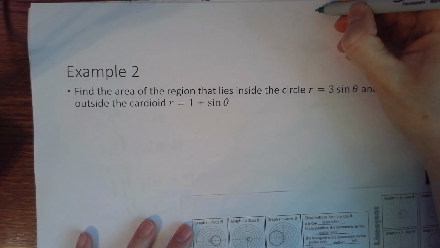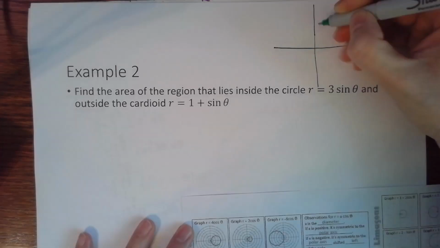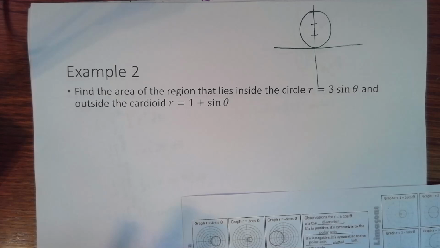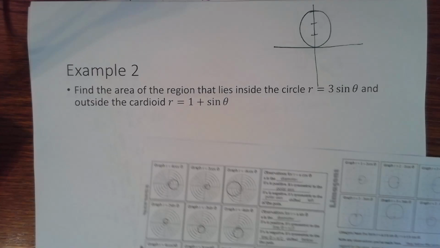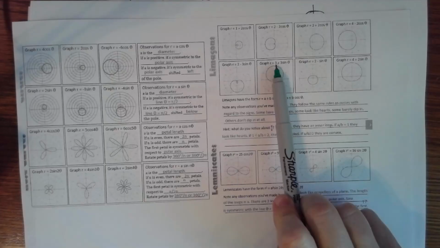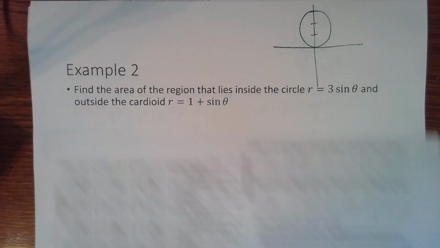So one, two, three, so let's make a diameter of 3. And so that's our circle, and then we have a cardioid, r equals 1 plus sine theta. That's going to be very much like the one where a and b are equal, but instead of going all the way up to 3, it's just going to go up to 1 because that value is 1.